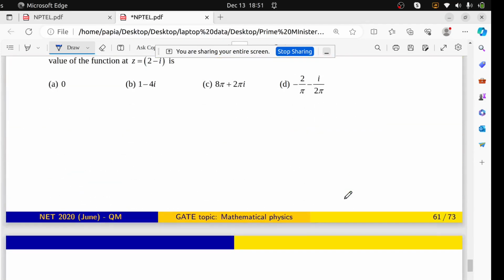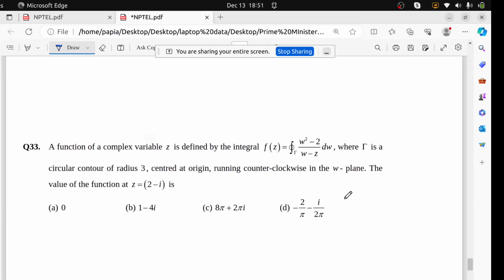June 2020 again. Okay, this one. A function of a complex variable z is defined by the integral this one, where gamma is a circular contour of radius 3, centered at origin, running counterclockwise in the w plane. The value of the function at z equals 2 minus i is how much?